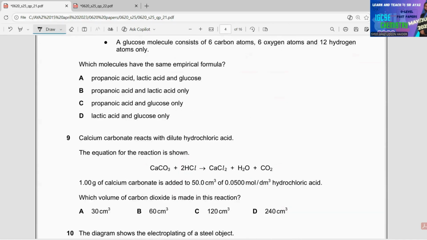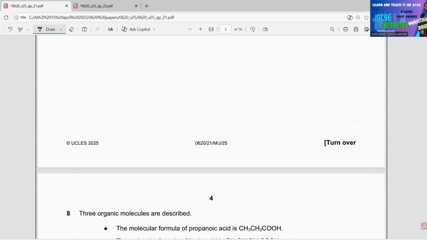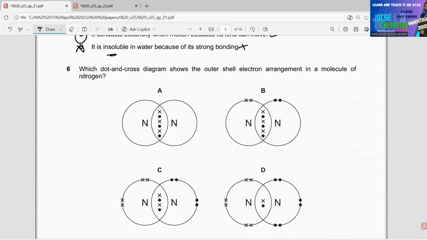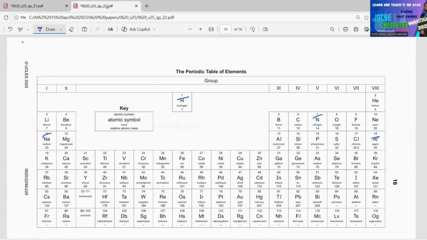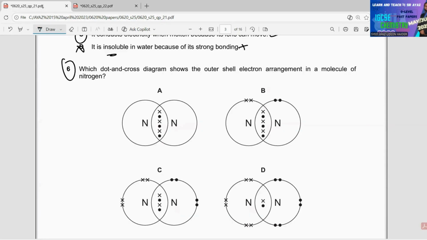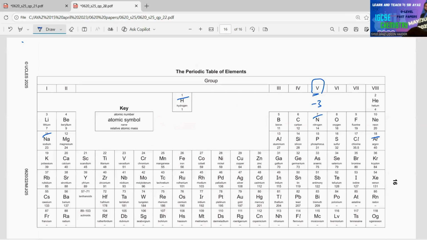6. Which dot and cross diagram shows the outer shell electron arrangement in a molecule of nitrogen? Where is nitrogen? Nitrogen is in group 5. And the valency for group 5 is 3. When two nitrogens join, each has 5 valence electrons, needing 3 electrons to complete their valence shell.